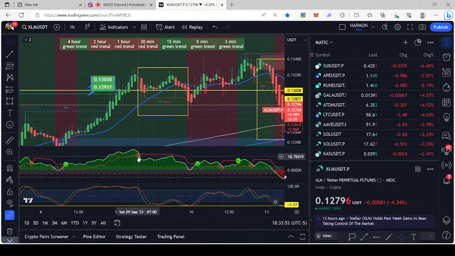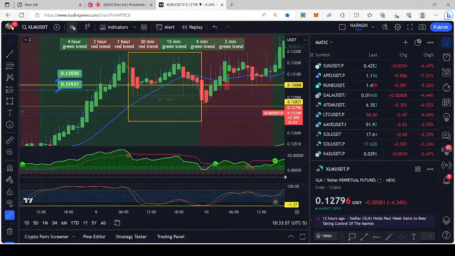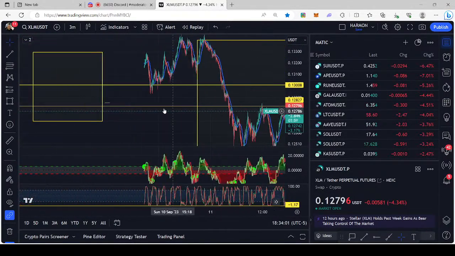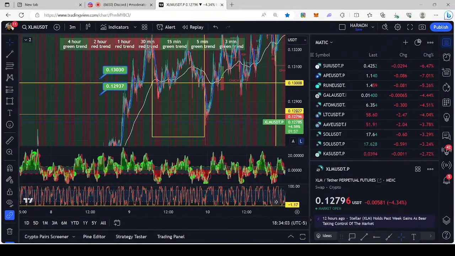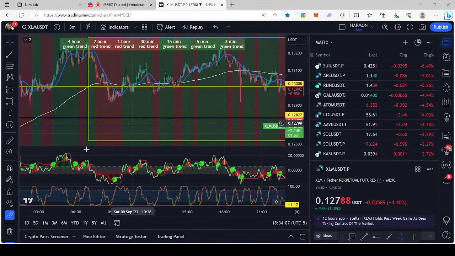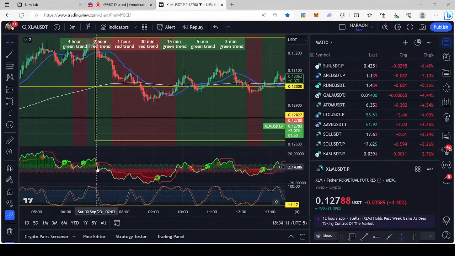You did hit a 1 hour, and then I can take a look at that trade and see. I can simply slide to the 3 minute, and on that 3 minute I can see how that played out, right? So I slide to my 3 minute. I can see right here we have a 3 minute moon that hits, 3 minute trend that hits right here.